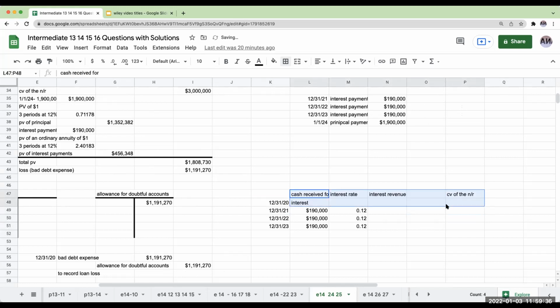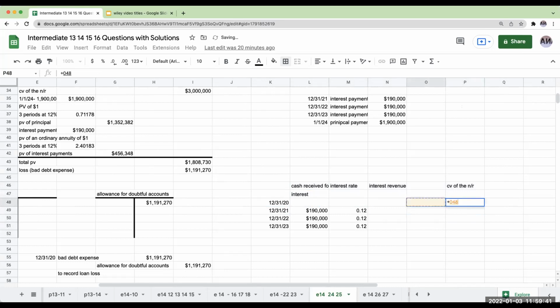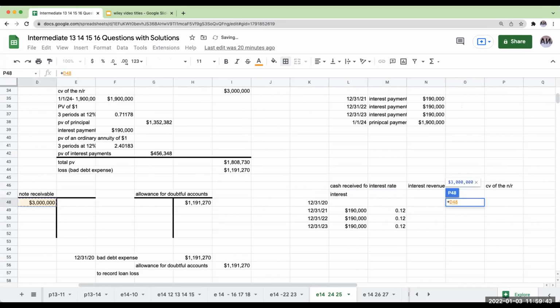The carrying value of the note receivable on 12/31/20 is the note receivable minus my allowance for doubtful accounts, or 1,808. So my interest revenue is going to be 12% times 1,808, or 217.48.